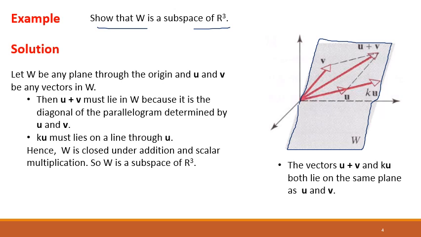So let W be any plane through the origin. This means it will contain the zero vector, because all the vectors will start from the origin. And it has two vectors u and v. This is vector u in W and this is vector v in W.